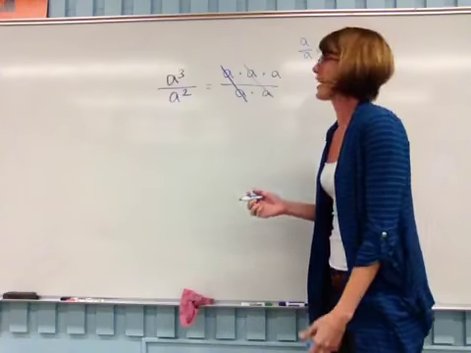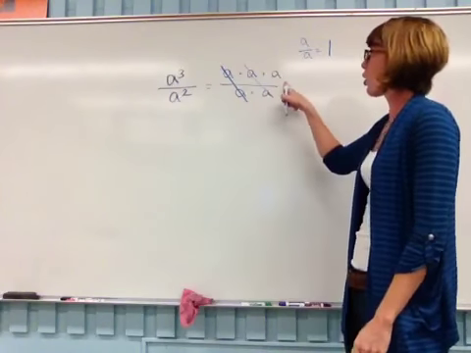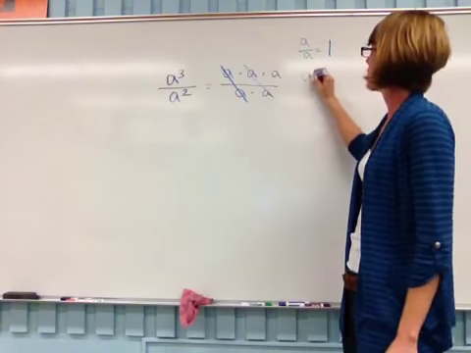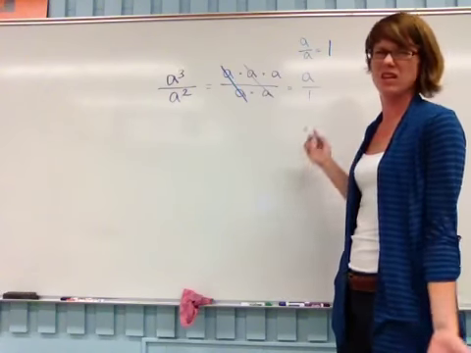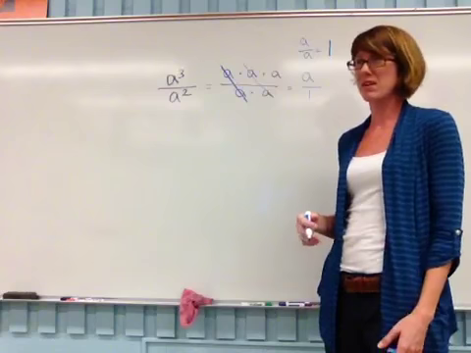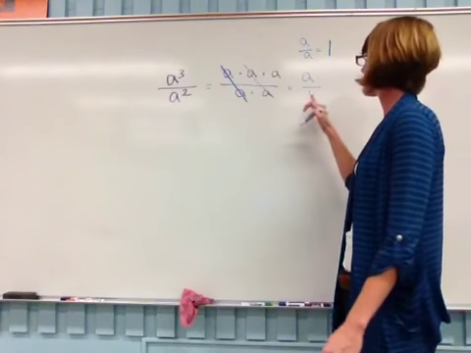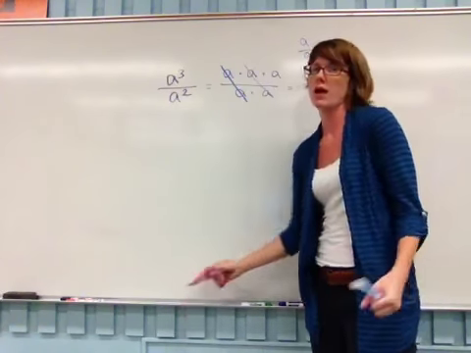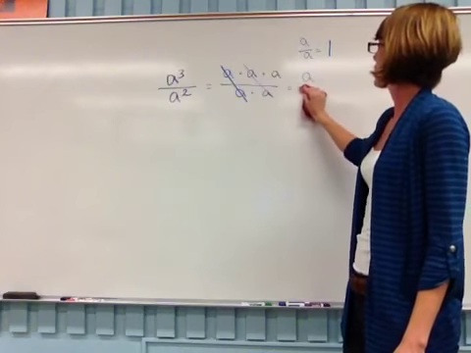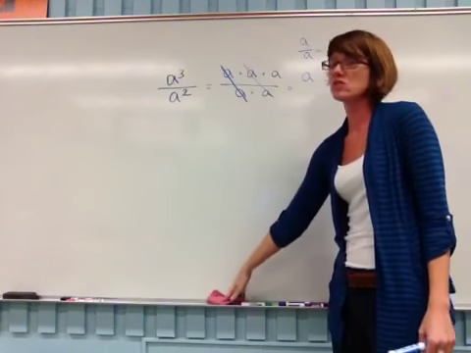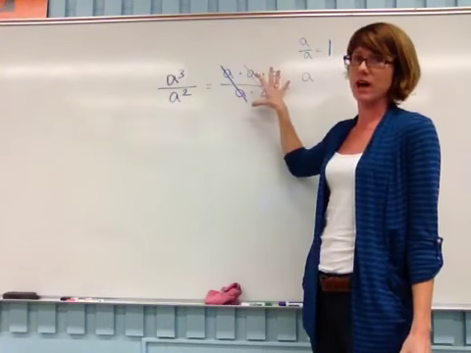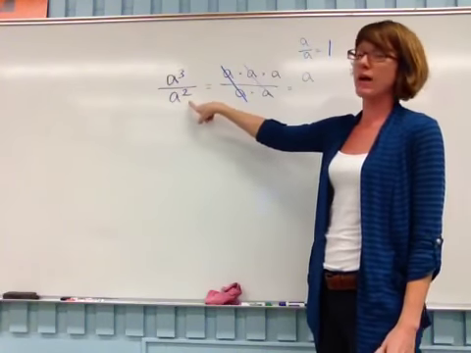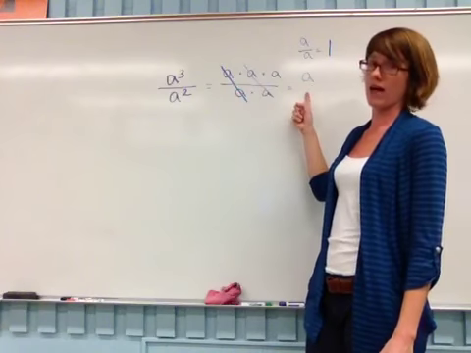So what we're left with is A divided by 1, but A divided by 1 is the same thing as A times 1. This can go away. I don't need to write it. So I can ignore that, and it's just A. So if I take away this step, A cubed divided by A squared just equals A.